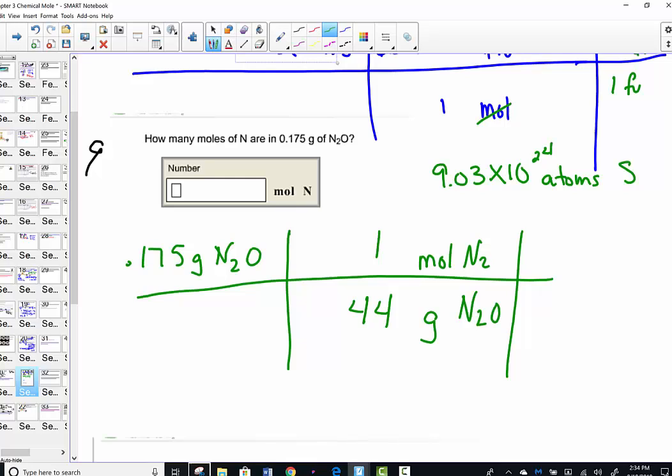Right now, I'm at moles of the compound N2O. Let's look deeper. In every mole of your compound, how many N's do you see? 2 of them. Whoops, that's supposed to be nitrogen.